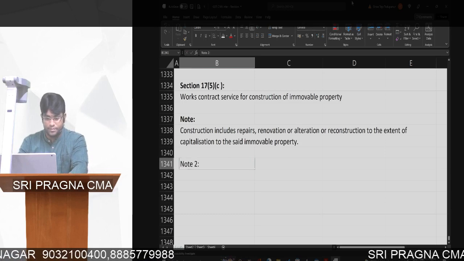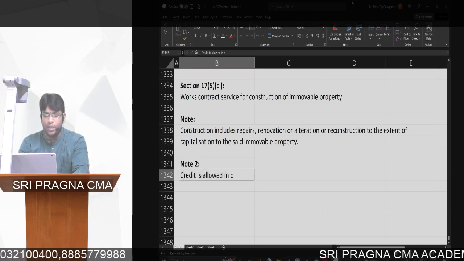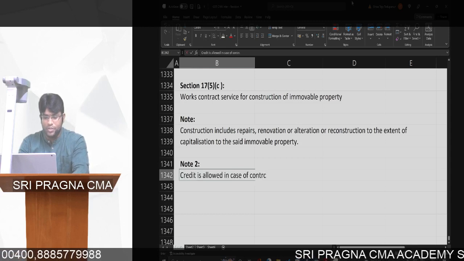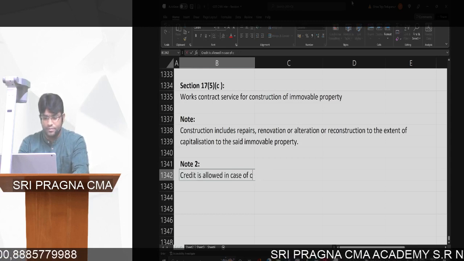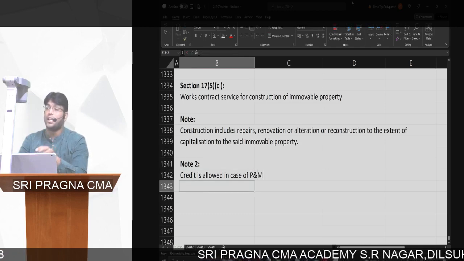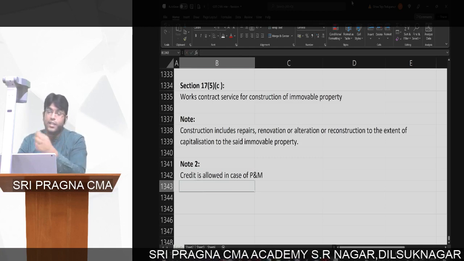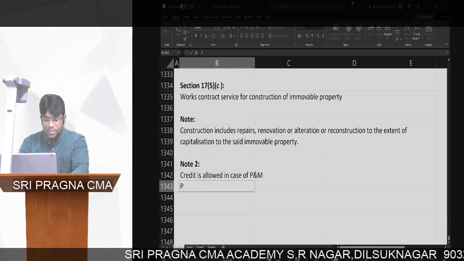Listen please, two minutes, don't write. Credit is allowed in case of plant and machinery. So credit is not allowed in case of immovable property, but credit is allowed in case of what? Plant and machinery.